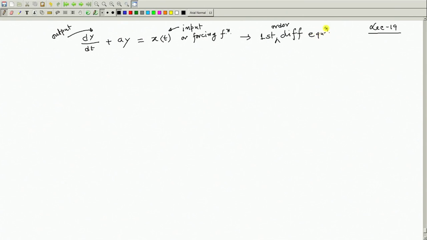So, we know how to solve it by multiplying with an integrating factor and so on, but then we found that the total solution of this equation, whenever this differential equation is given, you are also provided with one boundary condition, that is y 0 minus or y 0.